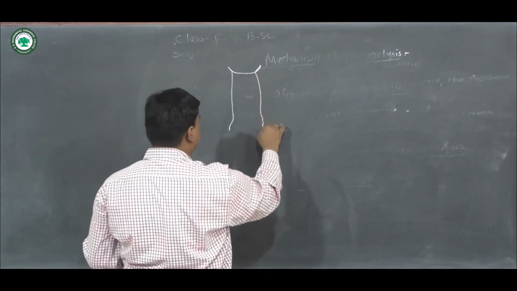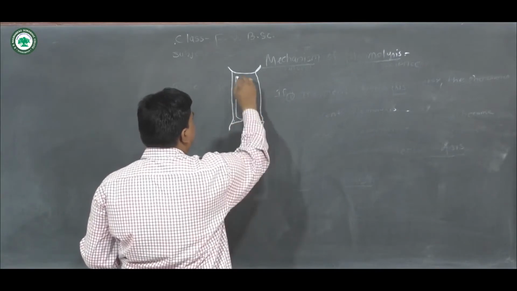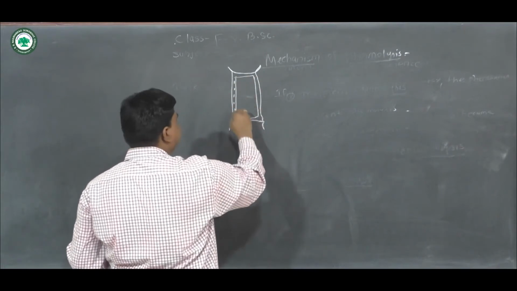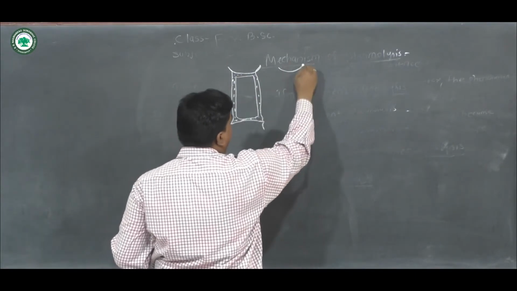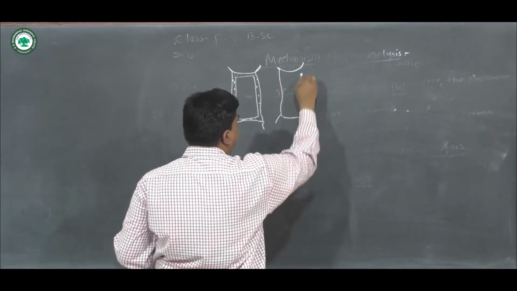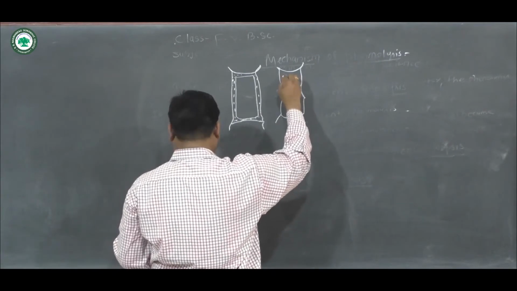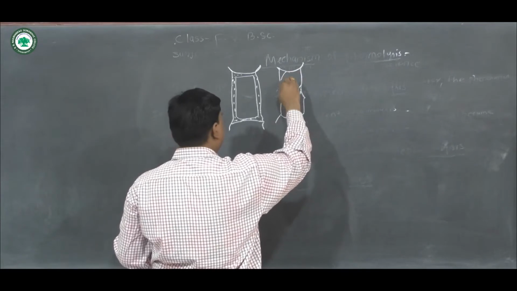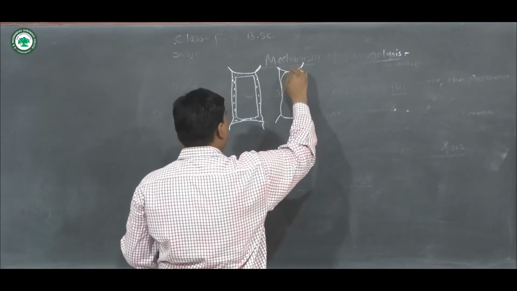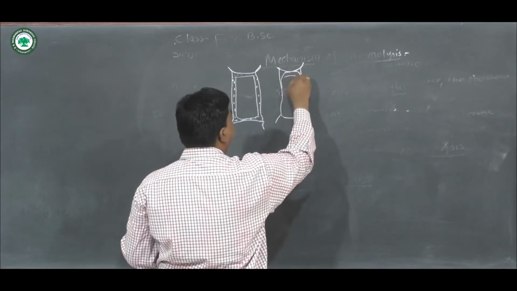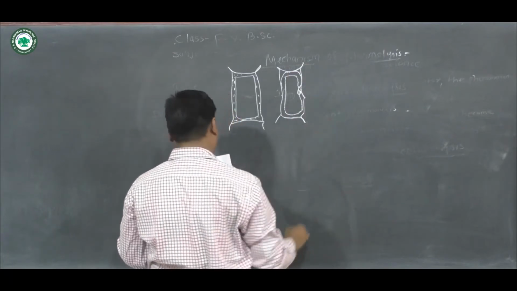Here suppose this is the normal cell and this is the protoplasm of the cell. Then I draw another cell.